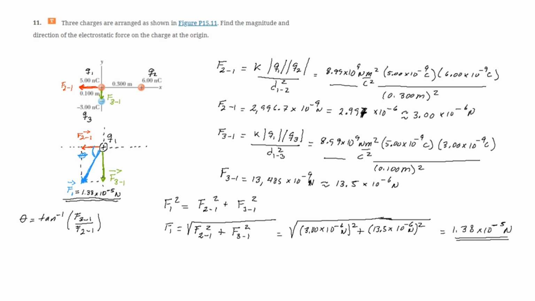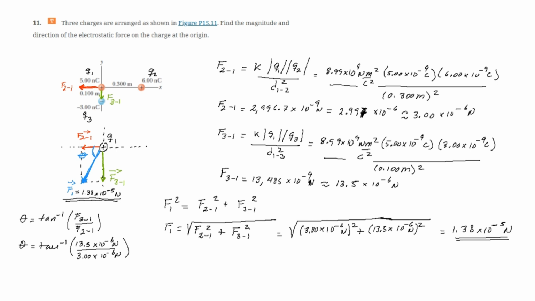So zeta would be the tangent inverse of 13.5 times 10 to the negative 6 newtons divided by 3.00 times 10 to the negative 6 newtons.